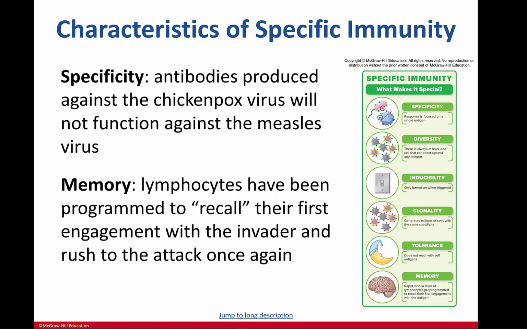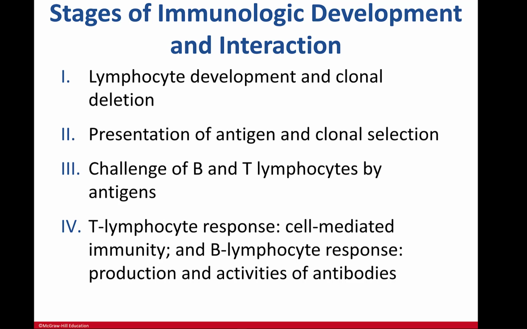Higher mammals have it. We're programmed to recall, pull out of storage, out of the closet, responses that we've already had, and the ability to get to it and implement that is much, much faster, and I'll show you later on what I mean by that.